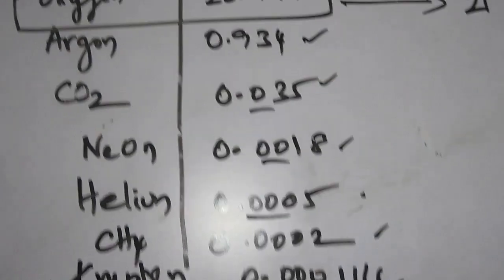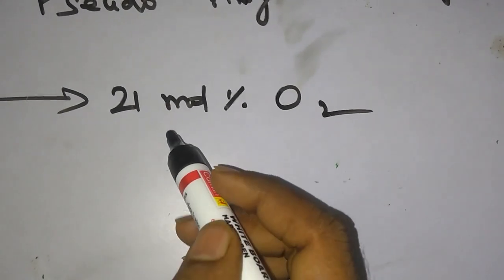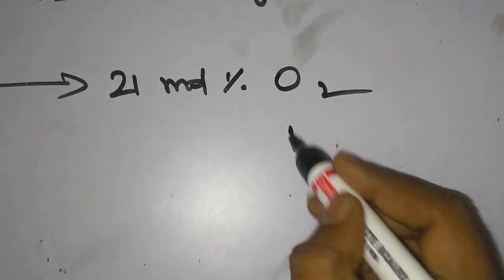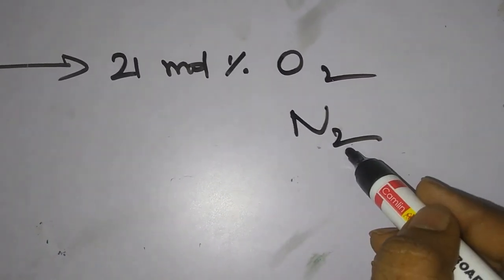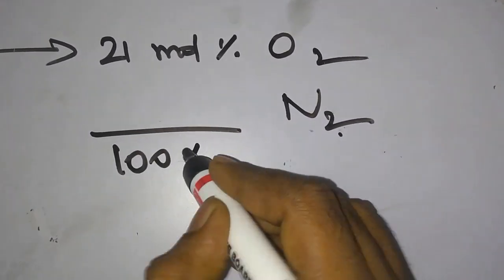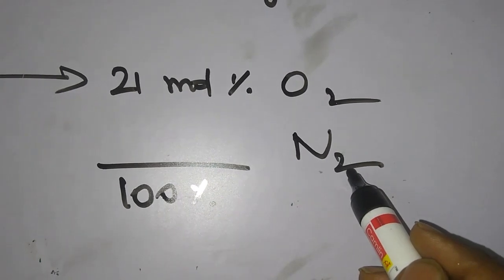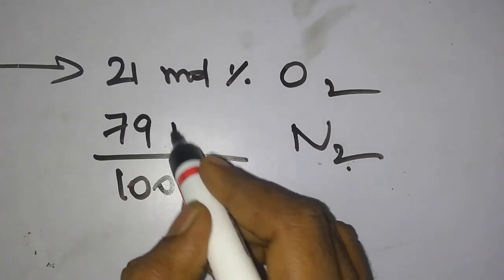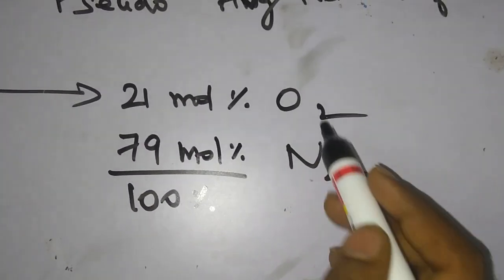So these are traces. Here we are going to make an assumption that anything other than oxygen is nitrogen. Out of 100%, oxygen is 21%. So what will be the nitrogen percent? 100 minus 21, correct. So we are going to have 79 mole percentage of nitrogen and 21 mole percentage of oxygen.